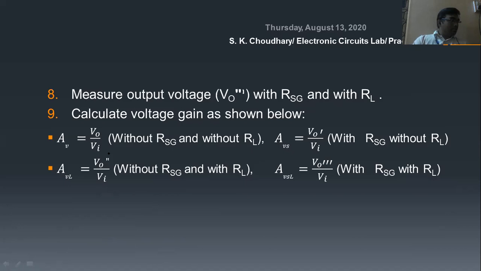Then AVS, where we connect the RSG, equals V0 dash upon Vi. Then AVL, when we connect the load resistor and no RSG, equals V0 double dash upon Vi. And finally AVSL, connecting both RSG and RL, equals V0 triple dash upon Vi. With the help of these calculations, we can find the actual undistorted gain, input impedance, output impedance, and the bandwidth of the amplifier.